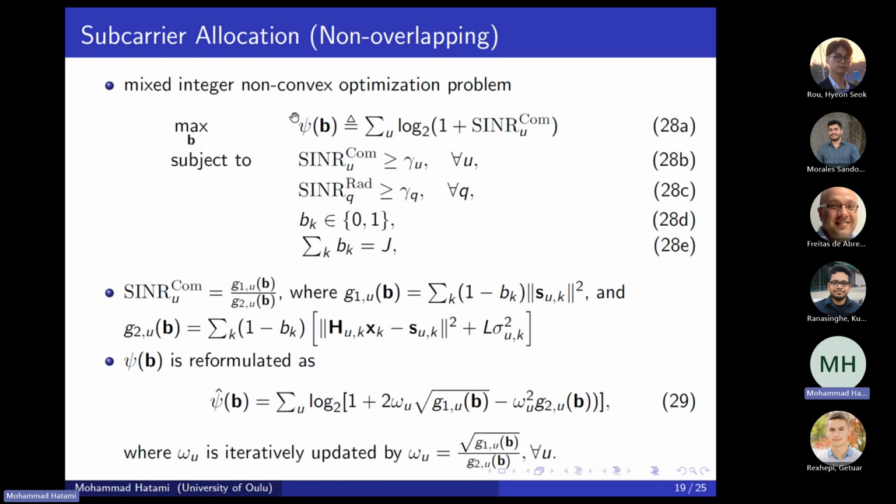I mean, we can rewrite this objective function by using fractional programming, which is shown in 29. So we replace this objective function by this 29, in which omega is an auxiliary variable, and we iteratively need to update this variable. Therefore, we find the solution for subcarrier allocation in the non-overlapping scheme iteratively.